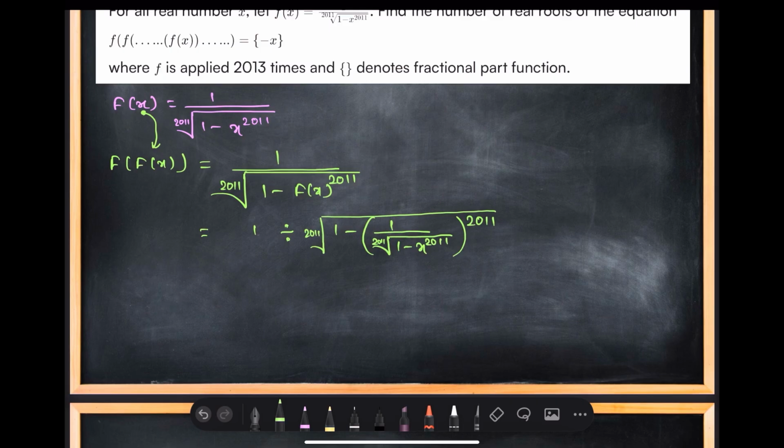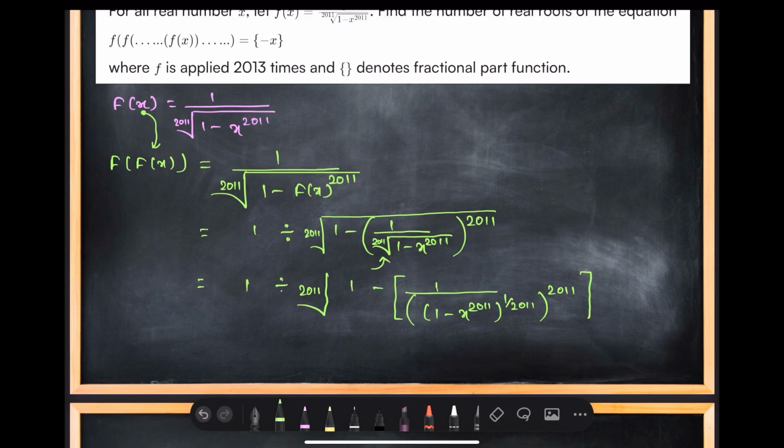Now be super slow and just look at the part. So it is 1 minus, look, this power will go to the numerator power and the denominator power. So 1 power 2011 will become 1 only. And then this thing is 1 minus x power 2011 to the power 1 by 2011 and to the power 2011.